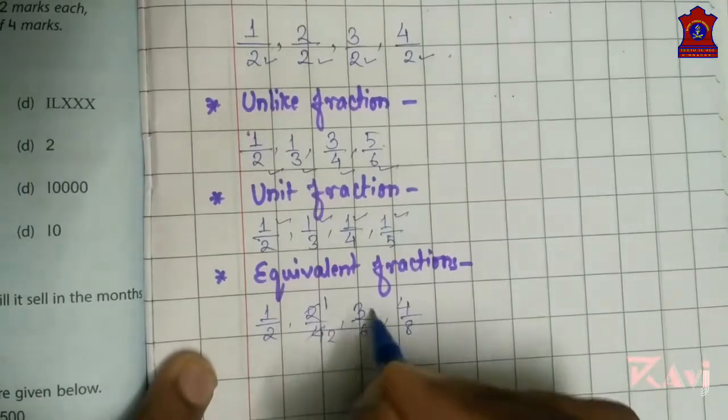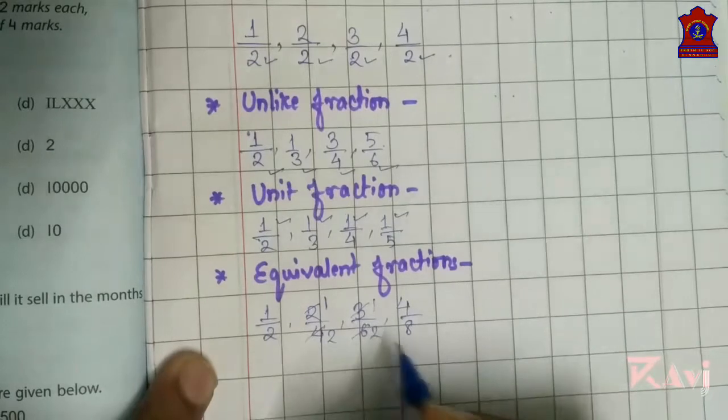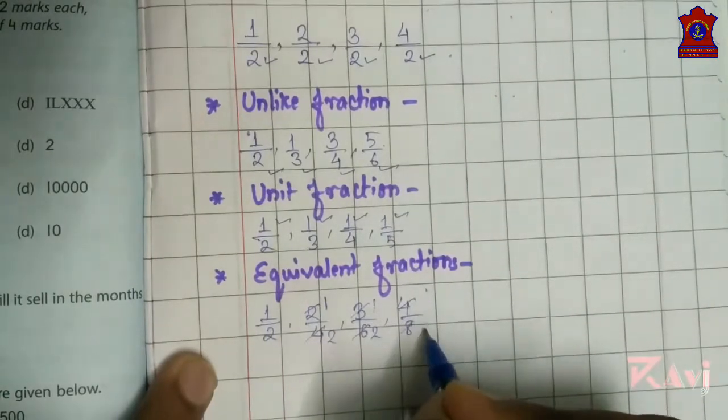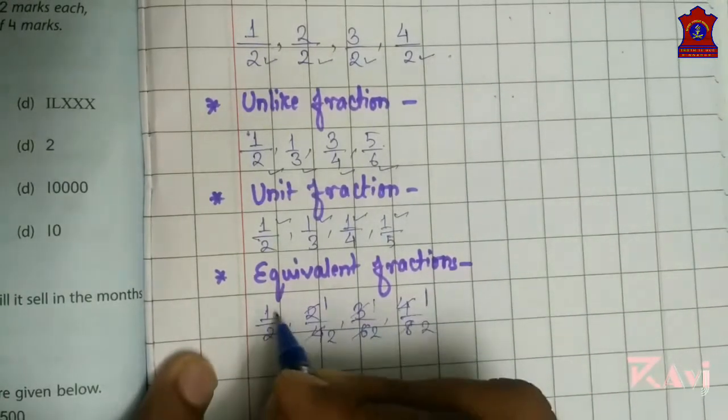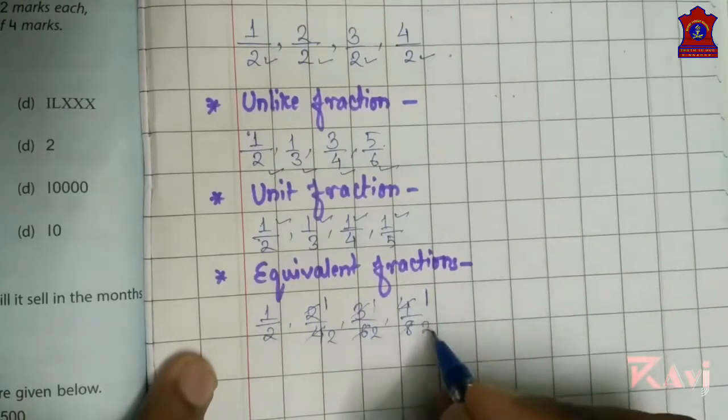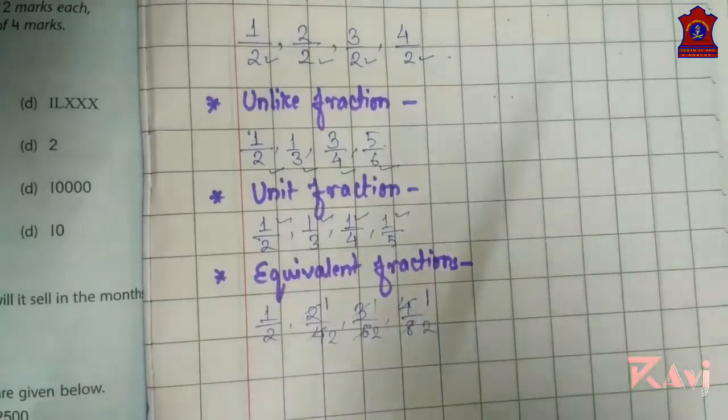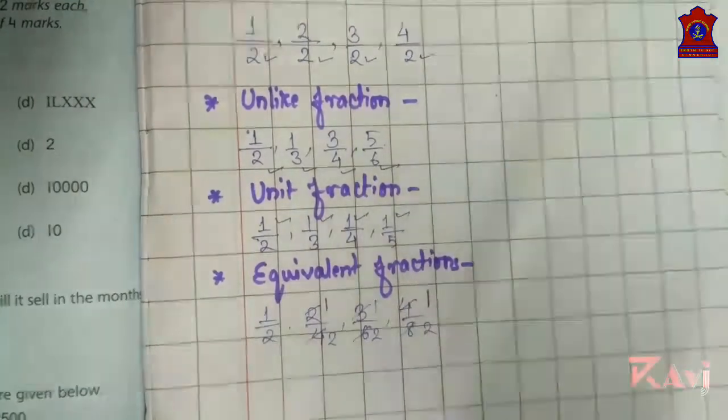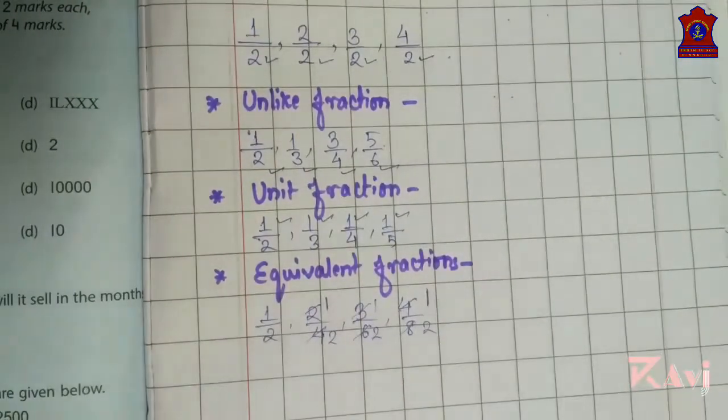Here also 1 by 2. 3 1s are 3, 3 2s are 6, 4 1s are 4, 4 2s are 8. See, everywhere you're finding the values the same. 1 by 2, 1 by 2, 1 by 2, 1 by 2. When the values of the fractional numbers are the same, you call this an equivalent fraction. It means equal values of all the fractions.